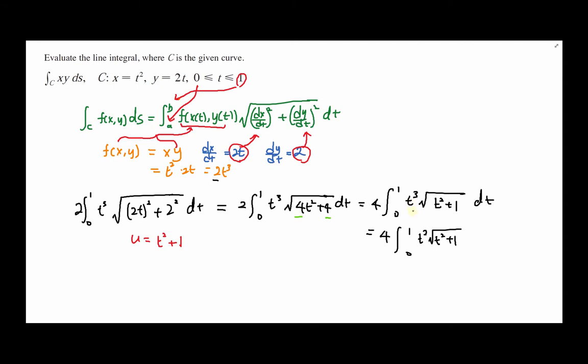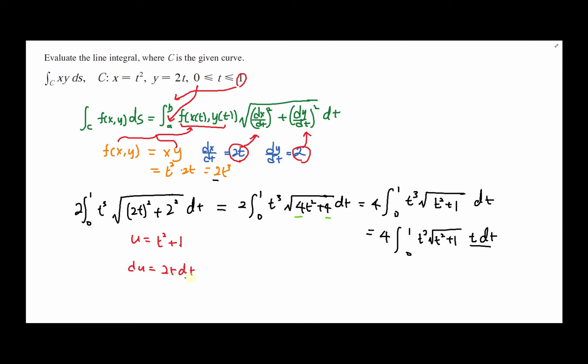I'm going to put that t toward the dt, so that you will see that by taking the derivative of u, we can take care of that t dt. So if I differentiate u here, I get du equals 2t dt. 1 is a constant, so it goes away.